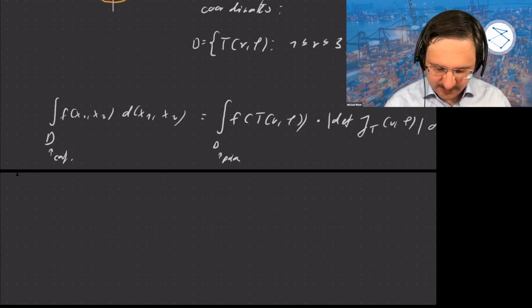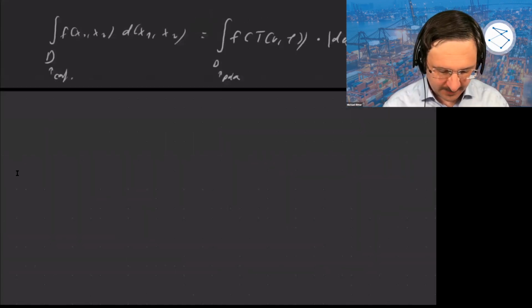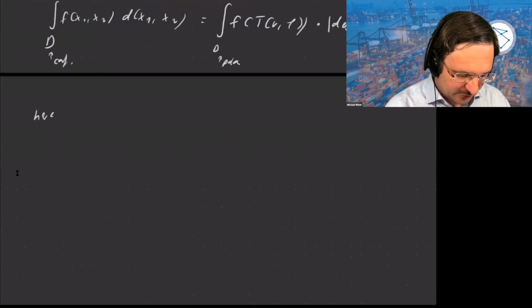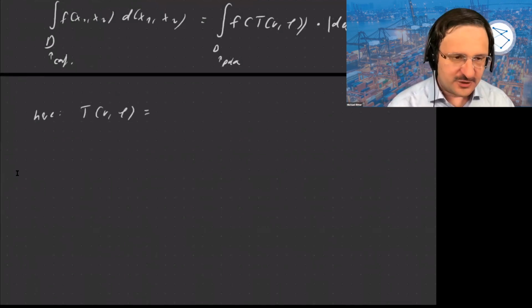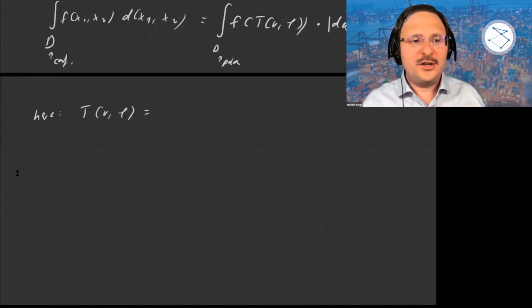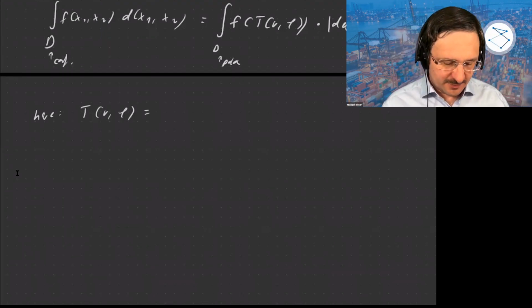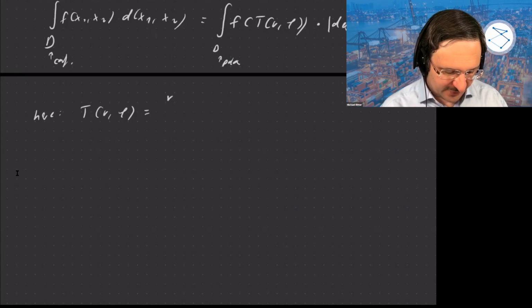So what we need to compute is this Jacobian here, or more specifically, its determinant. And that means we need to know about this T. So here we're using the transformation from polar to Cartesian coordinates for that. And as you hopefully know, that is given as r cosine of phi and r sine of phi.